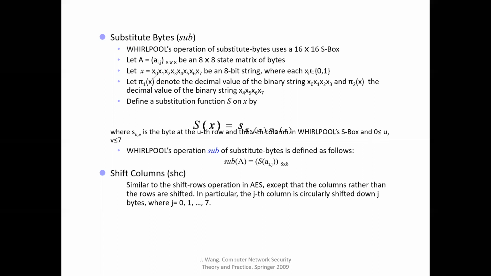So X is a byte. In order to do substitution, we look at the first 4 bits as your row number, and the second 4 as your column number. That's how you do a table lookup of this S-box and get the substitution value.